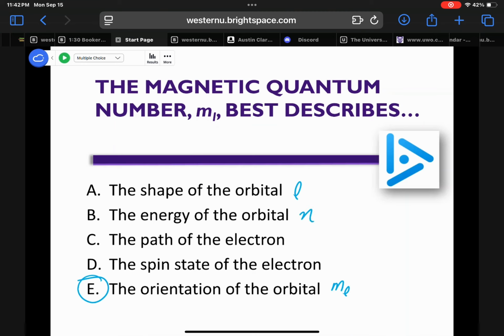We'll see that we can have slightly different energies later on. On the pathway of the electron, none of the quantum numbers are going to tell you that. We can take the square of the wave function and find the probability of finding the electron somewhere and correlate that with energy, but we don't know if it's heading this way or that way or where it had lunch or whatever. The spin state of the electron, that is the ms.